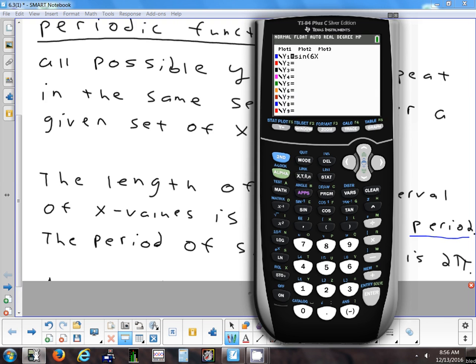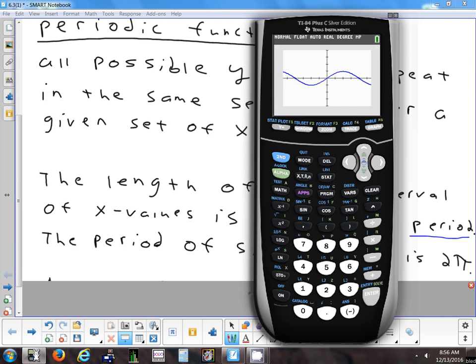And we can also do the opposite. We can slow it down. So normally we get a graph that repeats every 360. This is going to be a graph that repeats every 720. So it takes longer to go through its cycle of values. And we'll take a look at what that would sound like.